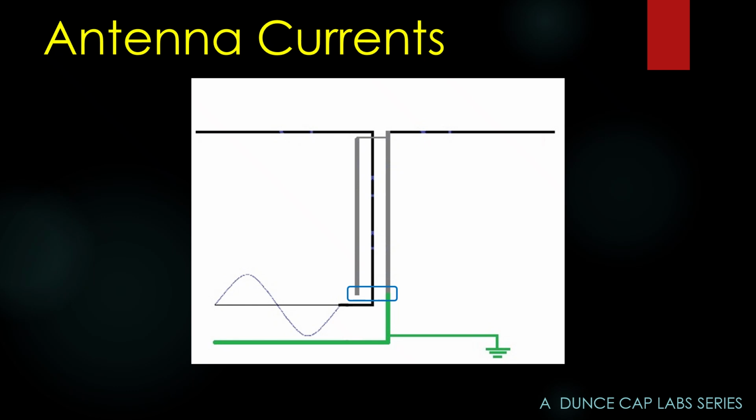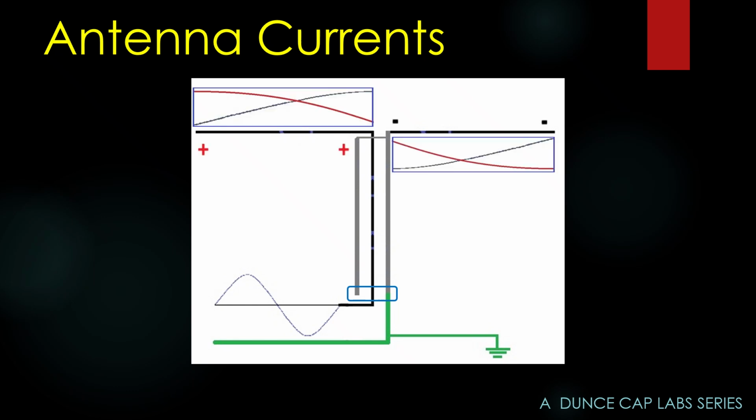The center conductor is swinging positive to negative. The shield is staying at ground. So when we say the shield is positive, what we mean is the center conductor just went negative. So the shield is positive with respect to the center conductor, but it actually never changed voltage. That's the problem.